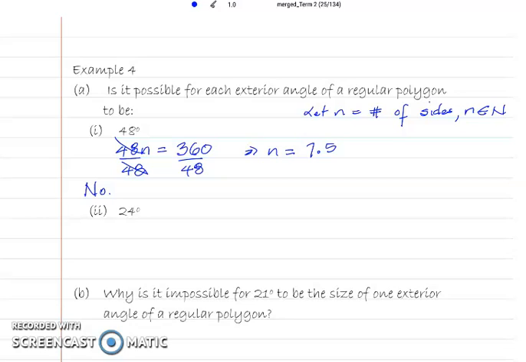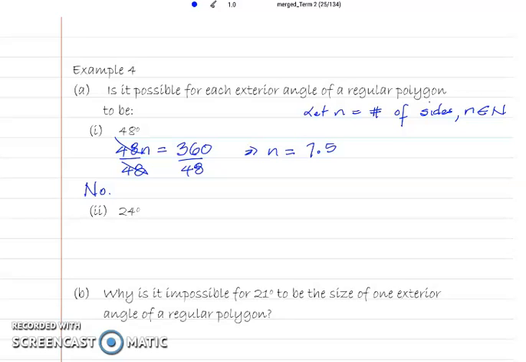All right, so continuing with example 4AI, we already said that the answer is no, that 48 degrees cannot be the size of each exterior angle of a regular polygon.